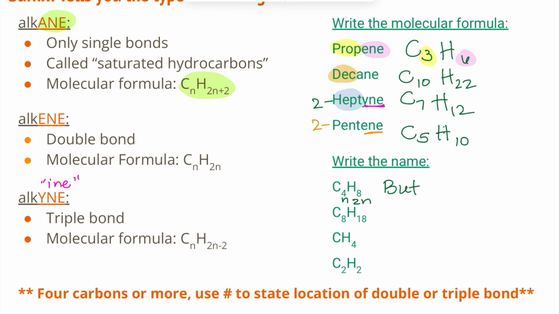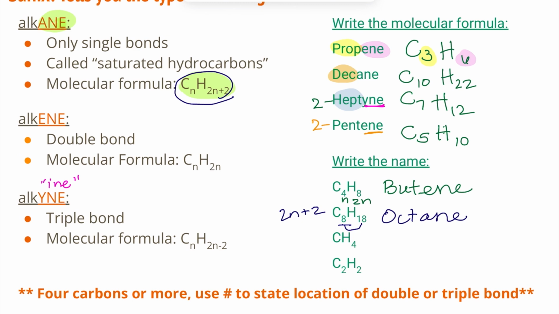This is an ene, so butene. C8H18, 8 is oct, so again, that's from my prefixes. Looking at this, 8 times 2 is 16, so this is 2N plus 2, which is going to be an alkane, so octane is that compound.